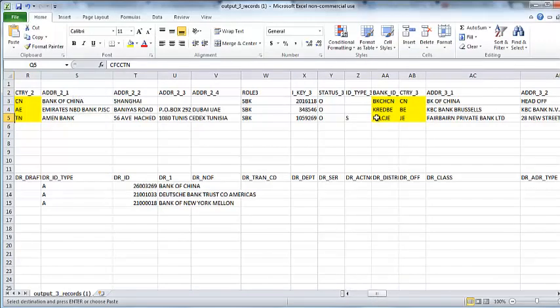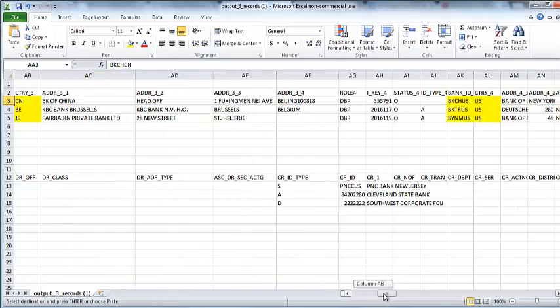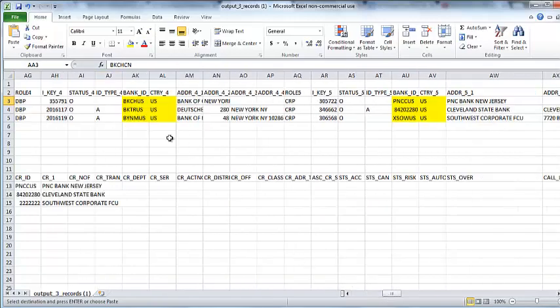So that was the ordering bank, and this is the sending bank. Again, Bank of China has been unified, so Bank of China came once this way and once this way, and both of them have been unified to this ID. This is the debit party.